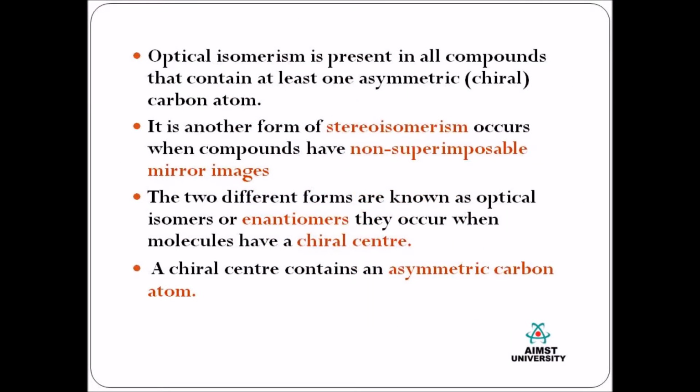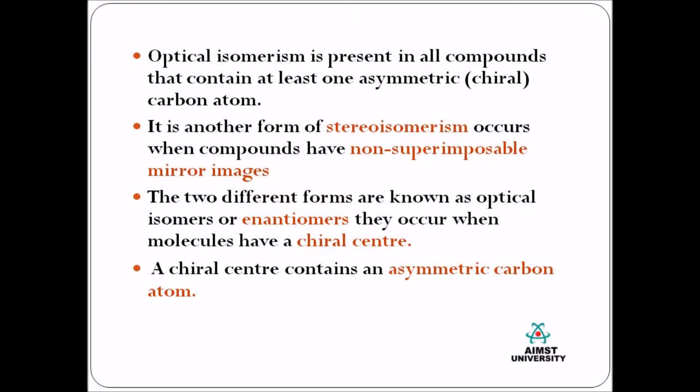Optical isomerism is present in all the compounds that contain at least one asymmetric carbon atom. That means at least one chiral carbon. It is another form of stereoisomerism which occurs when compounds have non-superimposable mirror images. The two different forms are known as optical isomers or enantiomers.